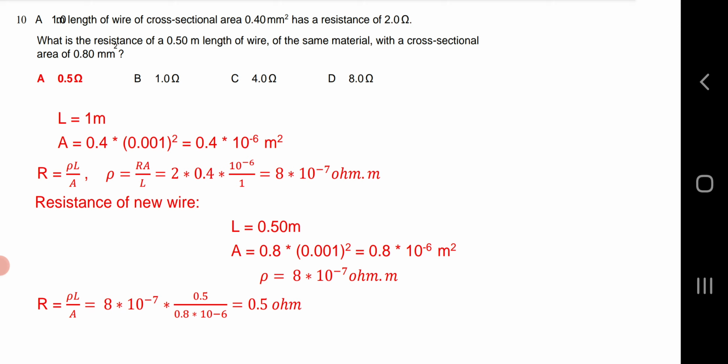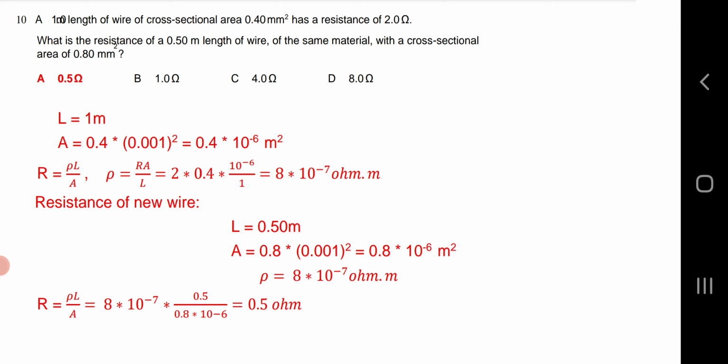The area of cross section of the new wire is 0.8 millimeter square. So convert it first into meter square. 0.8 millimeter square is 0.8 multiplied with 0.001 square. 0.001 is the conversion factor and the square is for millimeter square. So the area of cross section is 0.8 into 10 to the power minus 6 meter square.